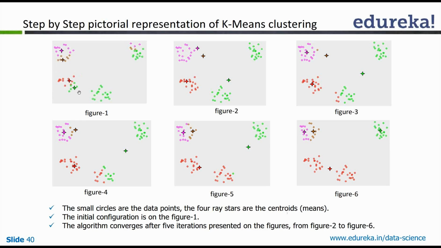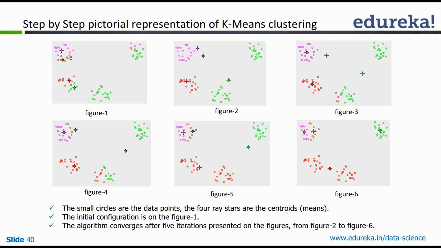Once I do all that, I do the mean computation. I take the mean of all the green points. Obviously my mean will be somewhere in the middle of all these data points, so it's here. So my green cluster center has moved from this area to this area. Similarly I compute the mean of all the red points, so my cluster center became this one.